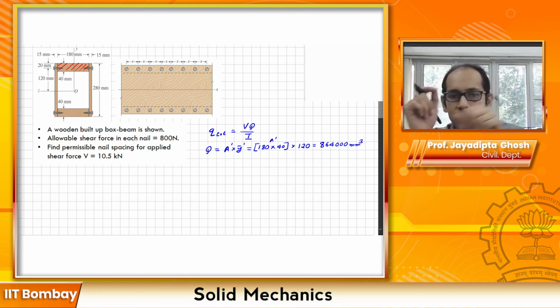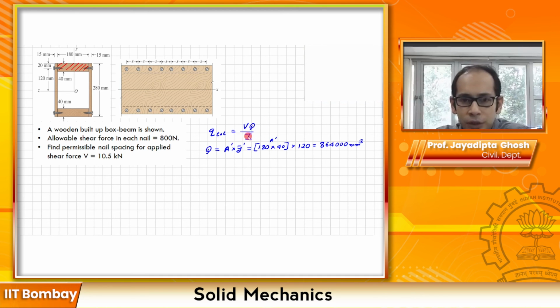Now the other thing to compute in this formula is the denominator I. Remember, I is for the entire section. For this entire section, it's a scooped out rectangle, so it will be the whole solid one minus this part over here.